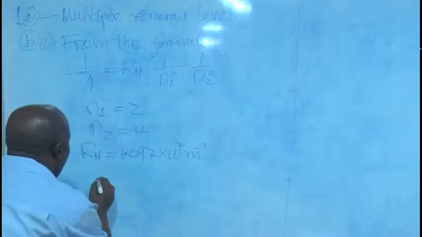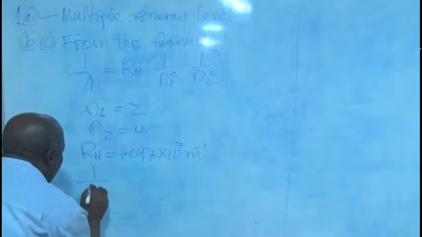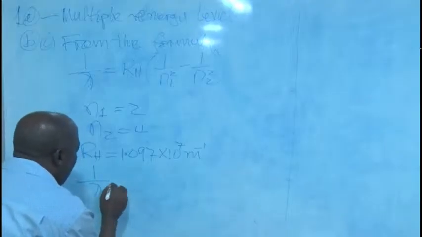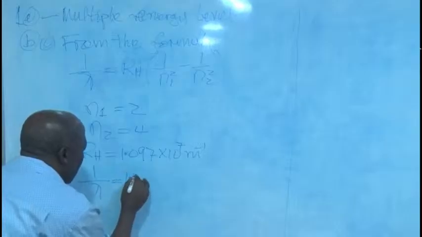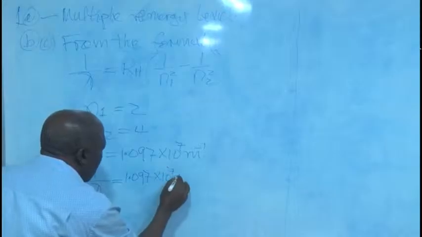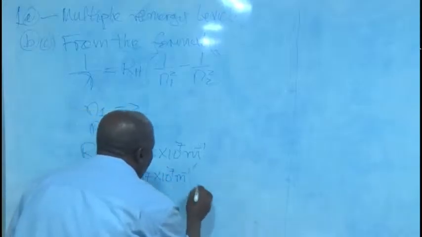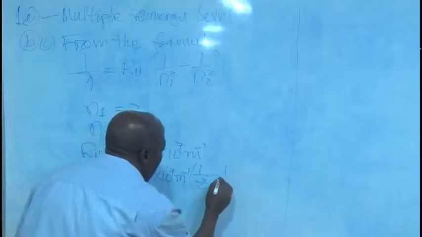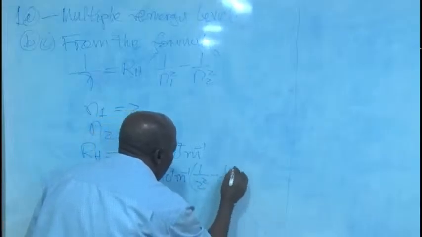So if we take this equation, the reciprocal of wavelength, 1 over lambda, is equal to 1.097 times 10 power 7 per meter, times (1 over 2 squared minus 1 over 4 squared).